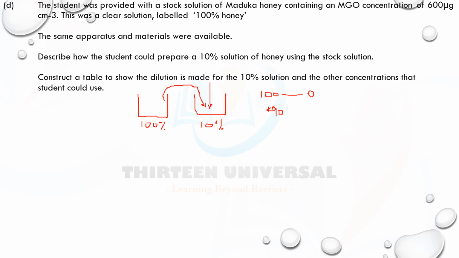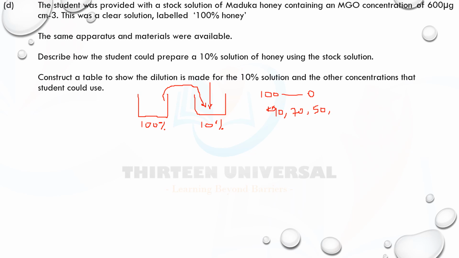Remember that you must have an interval that is the same. So the next is 70, right? Next is 50, so between 90 and 70 is just 20.